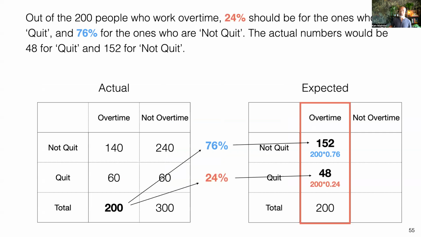That is the right-hand side. Then you recalculate and get 152 people for non-quit and 48 people for quit. All I did is multiply 200 by 0.76 to get 152, and multiply 200 by 24% to get 48. Those are the numbers we expect if there's no relationship between attrition and overtime.